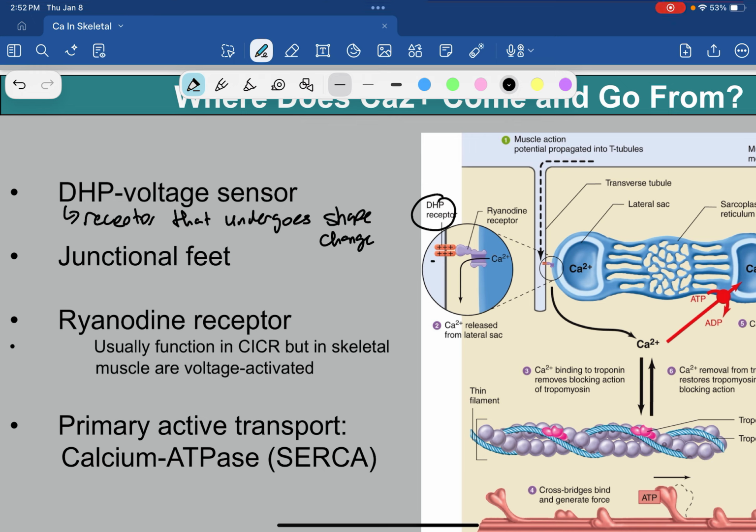That is then going to go to those junctional feet, which you can't really see in this picture. It skips over that, but it goes to these junctional feet, which then promote a shape change.